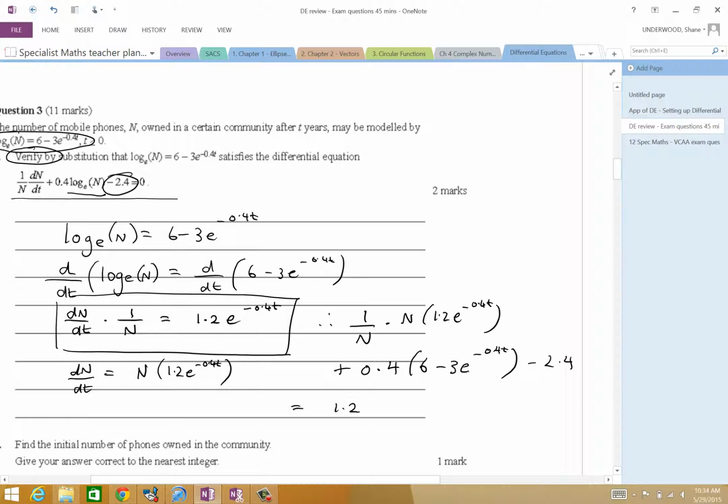All we're doing is verifying. So it's 1.2 e to the minus 0.4t plus 2.4 minus 1.2 e to the negative 0.4t minus 2.4 is equal to 0. As required.